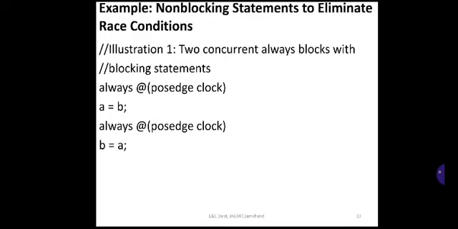Therefore, the values of registers A and B will not be swapped here. You may get A and B with the same value, so both registers will get the same value. Previously the A value and B value were different, and they should be swapped here, but that may not take place because of blocking assignments, depending on the Verilog implementation.